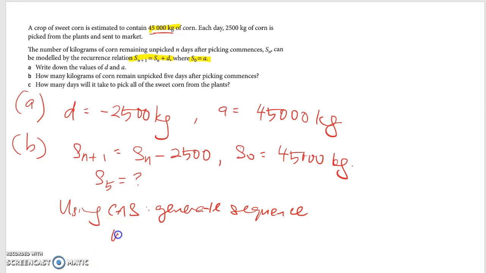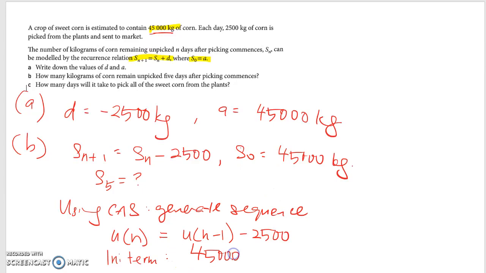Okay, in your Un field, you would put down, this is going to be equal to Un minus 1 minus 2,500, and for your initial term, we're going to write down S0, 45,000. Okay, then we're going to hit enter and it will generate a sequence.